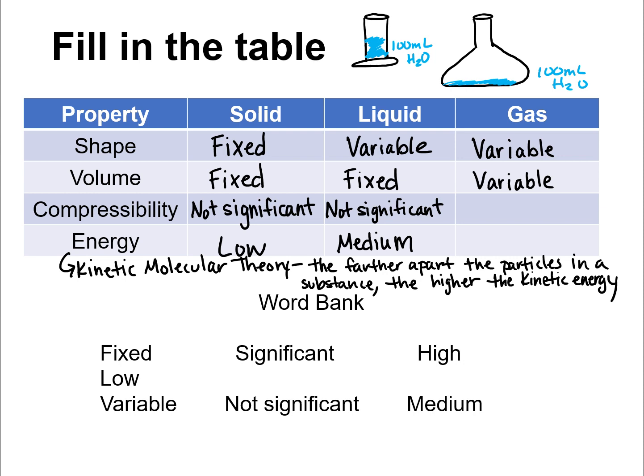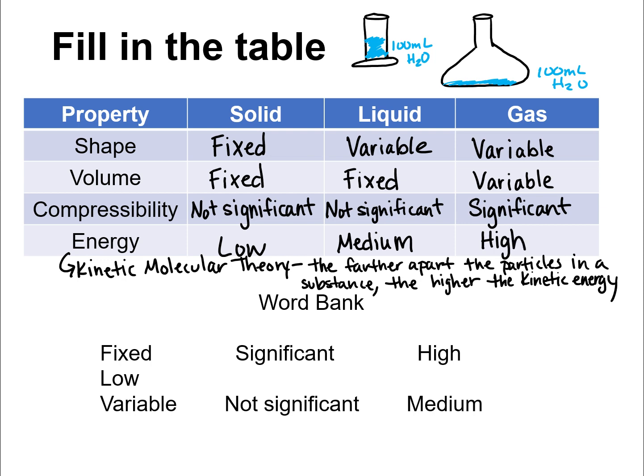And because you can change the volume of a gas, that means that you can compress it in a significant manner. You can compress a gas to make it fit into a small volume, and then you can open that container up and it will expand. In terms of energy, it's the highest.